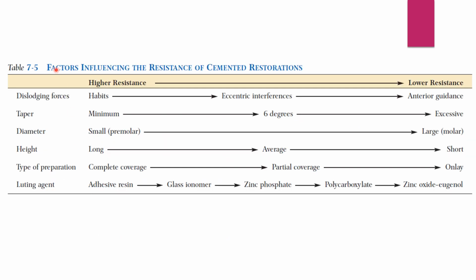You can see the factors influencing the resistance form of cement and restoration. So dislodging forces, the higher resistance are the habits, and anterior guidance has the lowest resistance.